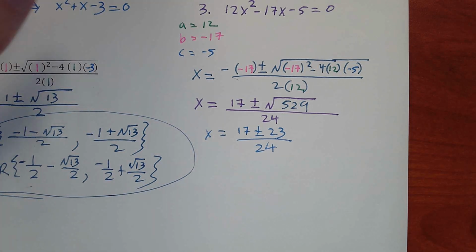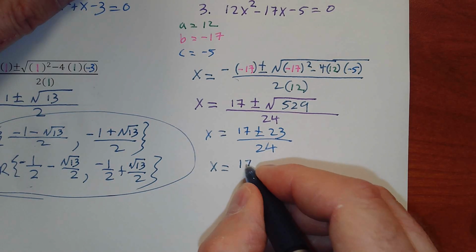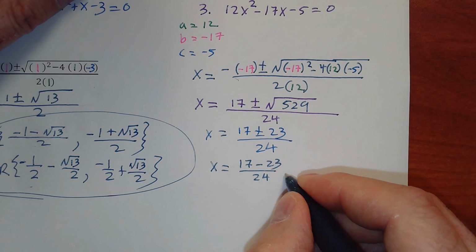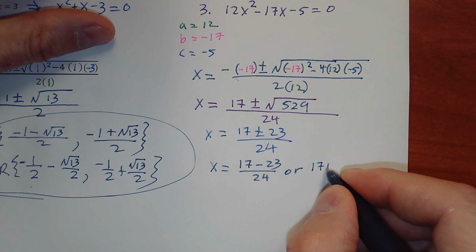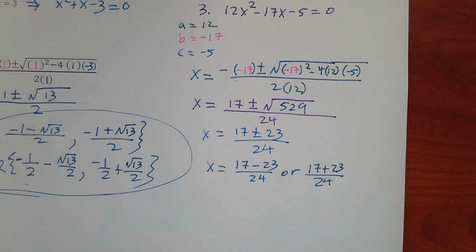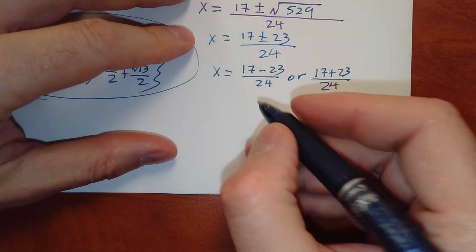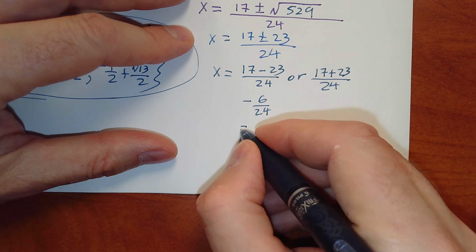So let's separate that out. We'll do 17 minus 23 over 24, or 17 plus 23 over 24. So that's negative 6 over 24, which is negative 1/4.